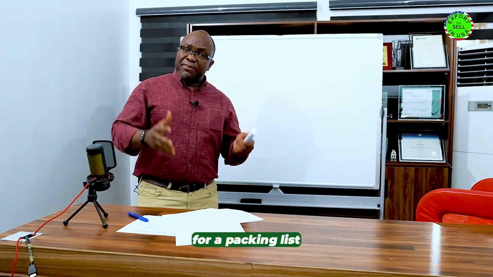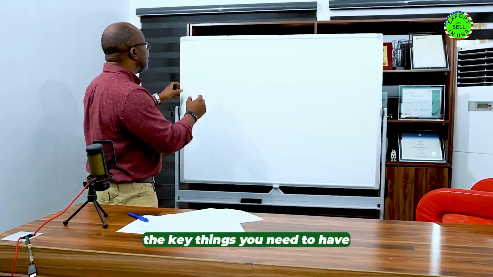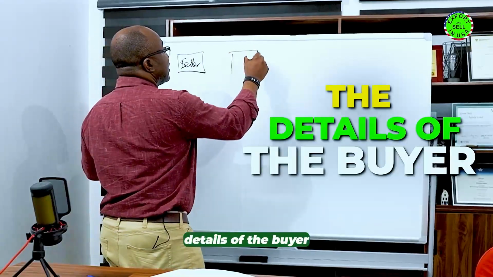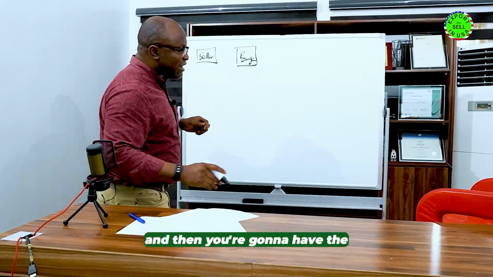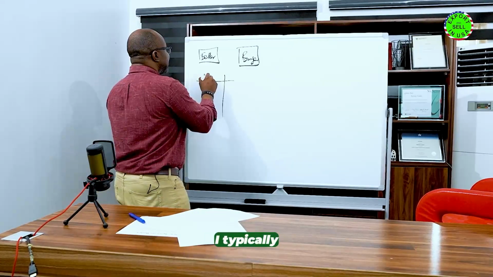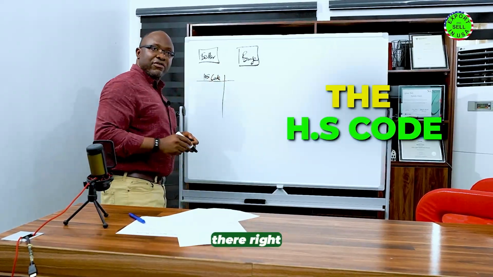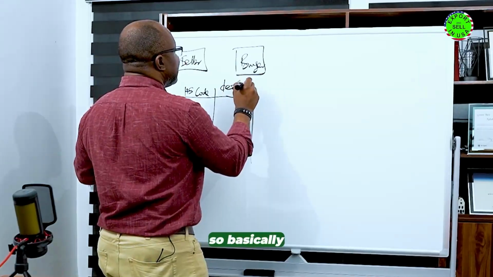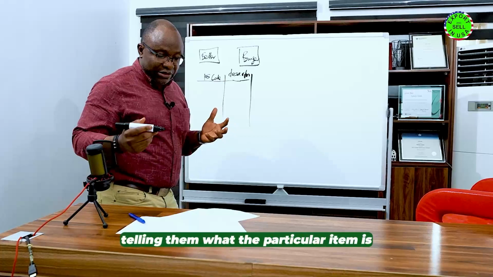But again, for a packing list, the key things you need to have are the details of the seller, which is you, details of the buyer, and then you're going to have the details of the shipment. So things like, I typically like the HS code there. You're going to have the item description, so basically telling them what the particular item is.